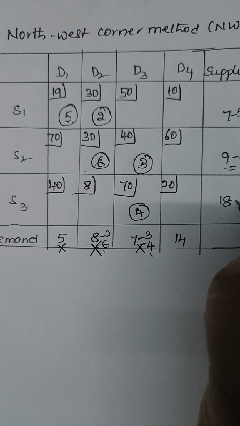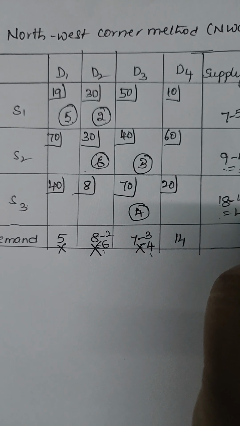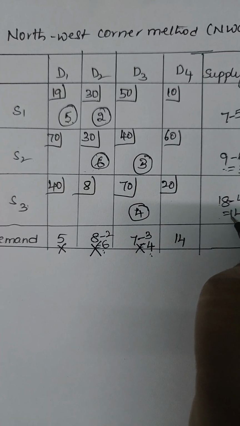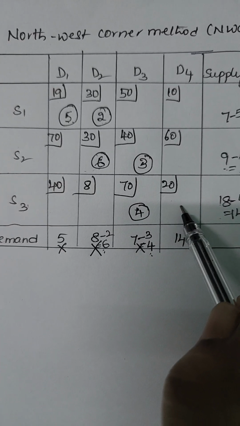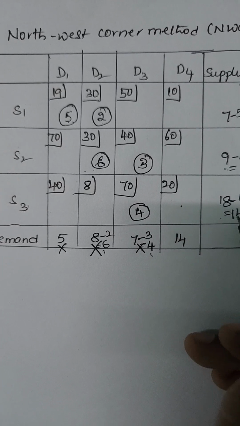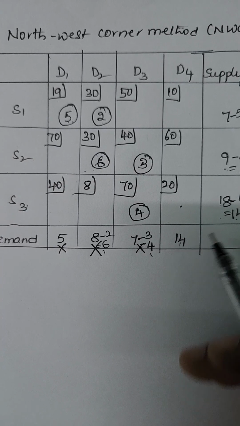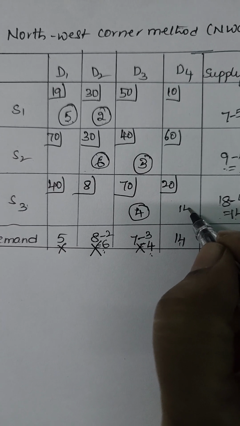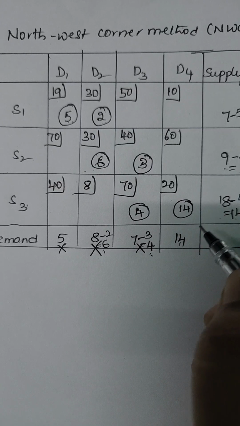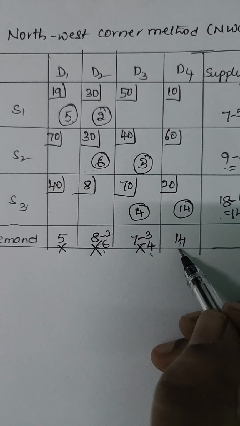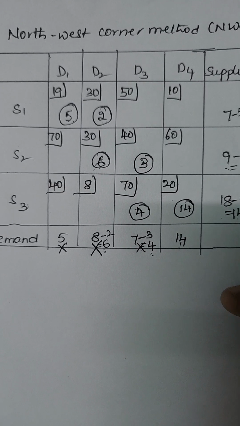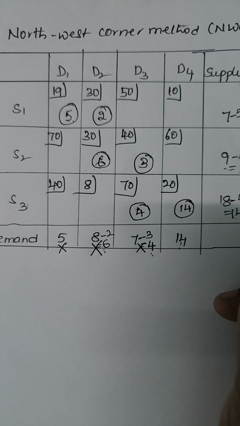Now 18 minus 4 is equal to 14. Now the last northwest corner cell is this. Here supply is 14 units and demand is 14 units. The minimum of 14 and 14 is 14. We can assign 14 units here. So this column is satisfied and this row is satisfied.